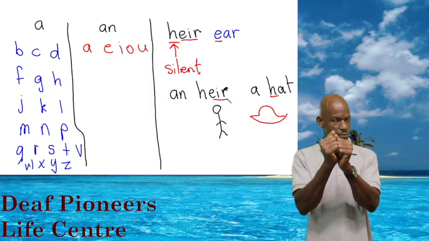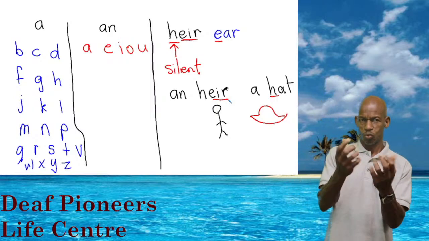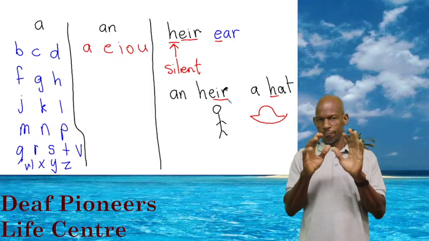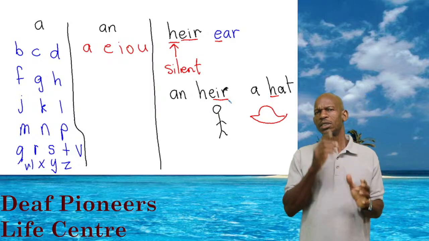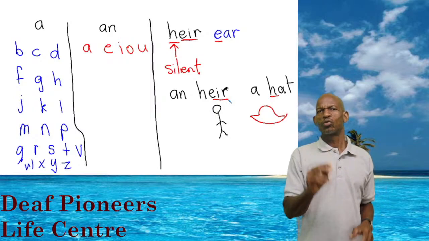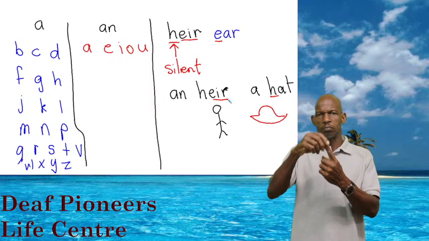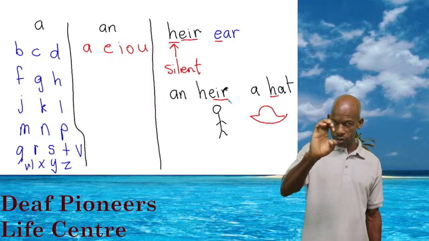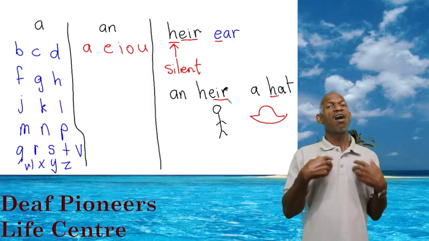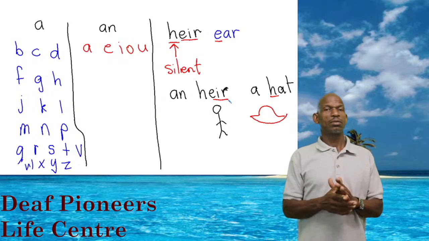So I said I needed to bring this up, and I hope you understand, because it's not that I'm teaching the wrong thing, it's that there are exceptions to the rules. I brought in this one, and there are other words I can bring up. I don't want to bring up all of them, because you'll have to learn them also.